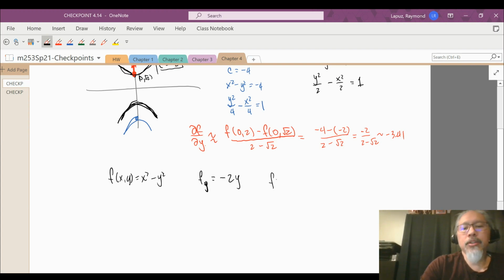And then we want to figure this out at the point 0, square root of 2. And that is going to be -2 square root of 2.